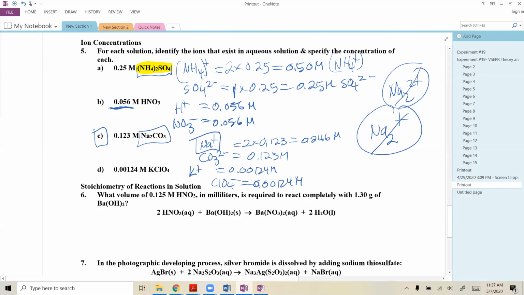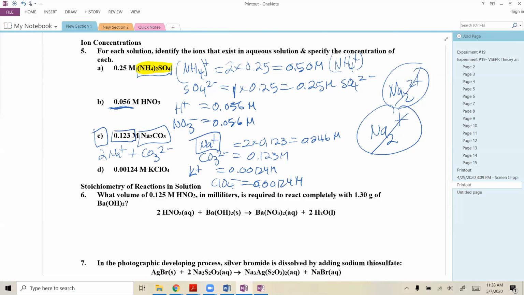When we dissolve and dissociate it, that sodium carbonate is turning into 2 sodium plus ions and 1 carbonate ion. So it's not that this is 2.0123, it's that this is 2 times 0.123. That's because this concentration here is telling us how many of those sodium carbonates are dissolving. So we know 0.123 of them are dissolving.